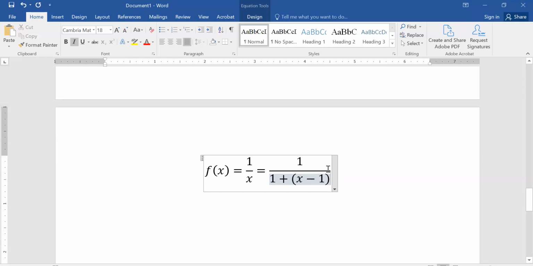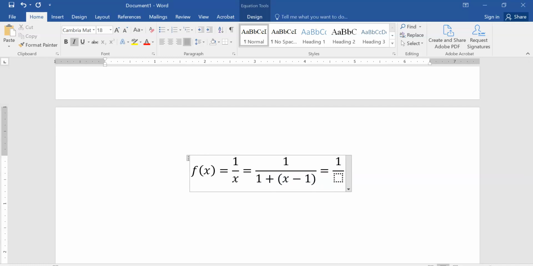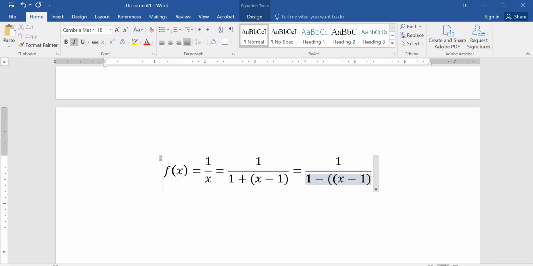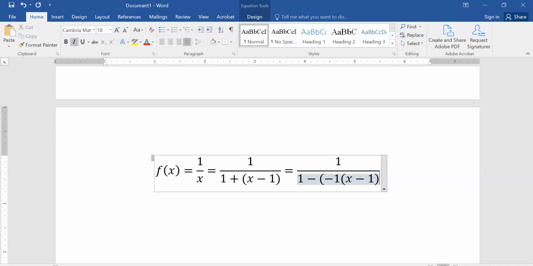And then we already have a over 1 plus r. We need an a over 1 minus r. So the way you do that in this case is you go minus a negative. That is x minus 1. And then you could put a negative on the inside. I'll call it negative 1 here.